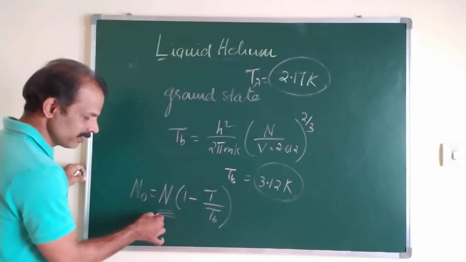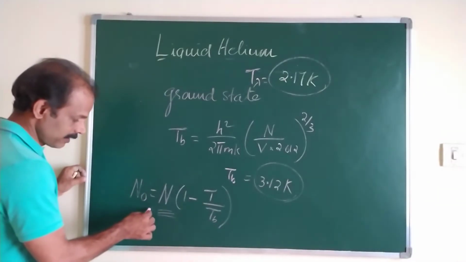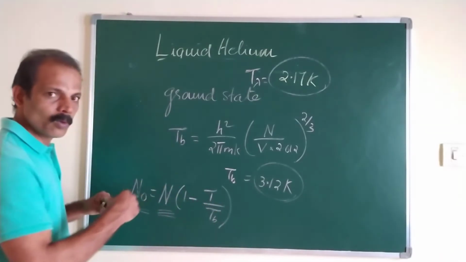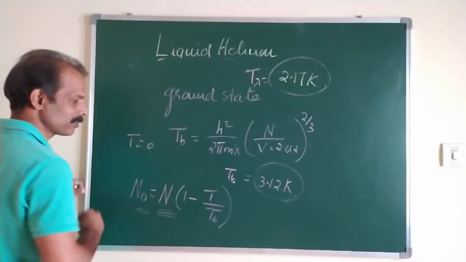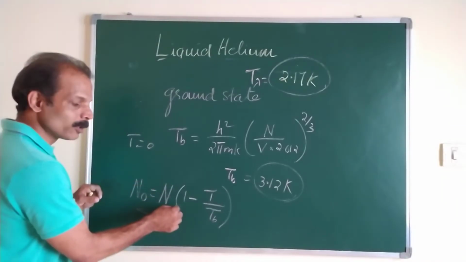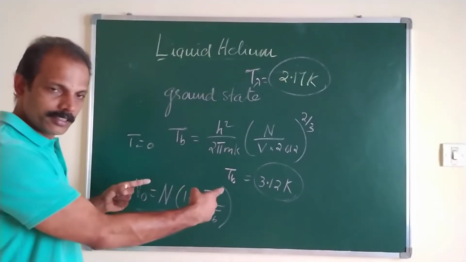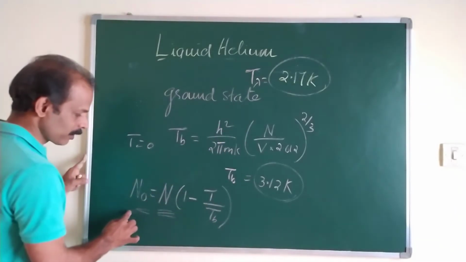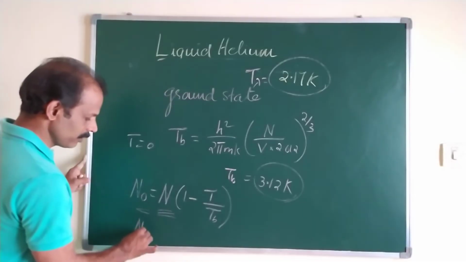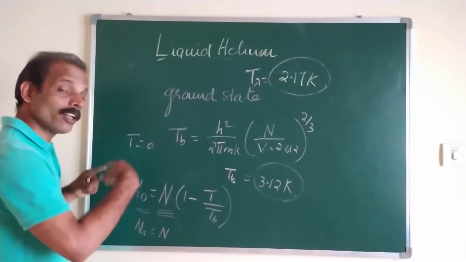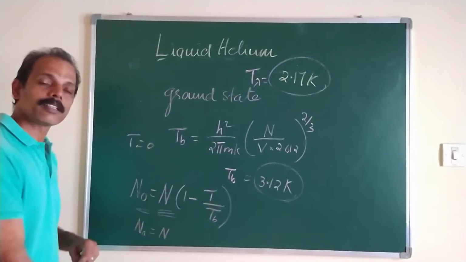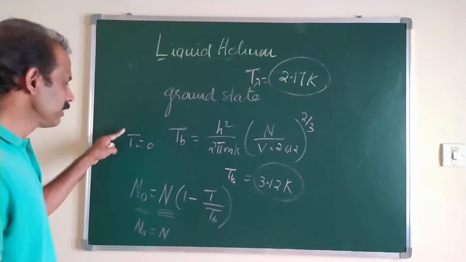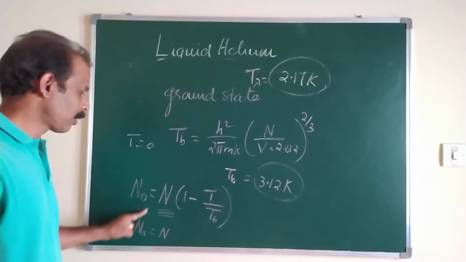Most of the particles exist in the ground state. When T approaches 0, that is absolute 0, N0 equals N. Again, we discussed all these things in our Bose-Einstein condensation. When T is equal to T0, then N0 is equal to N, that is, all the particles occupy the ground state. When T is less than T_B, most of the particles start to occupy the ground state.